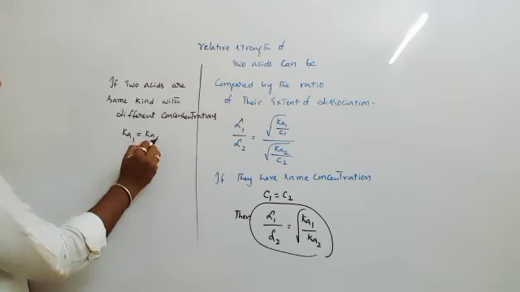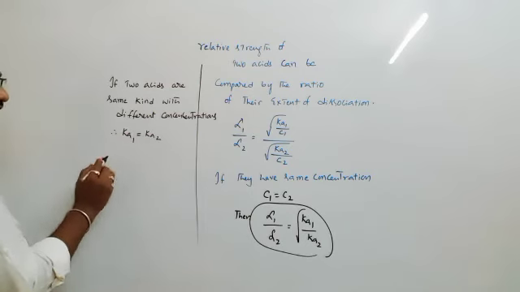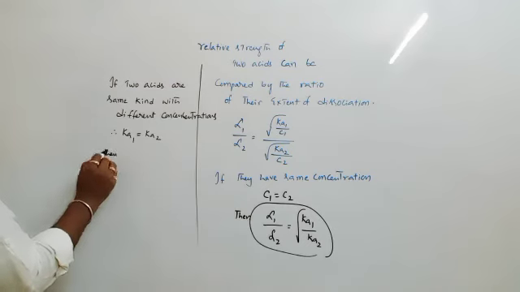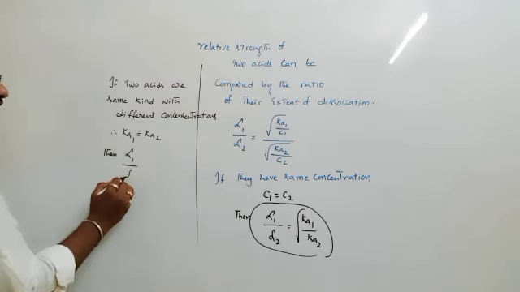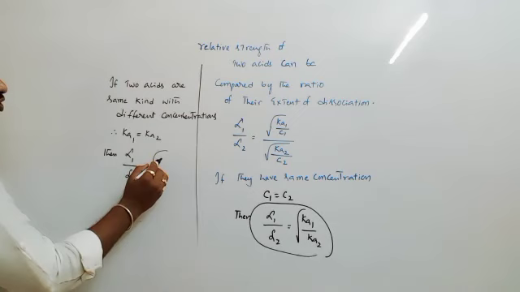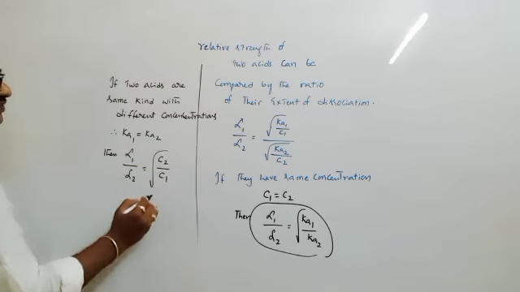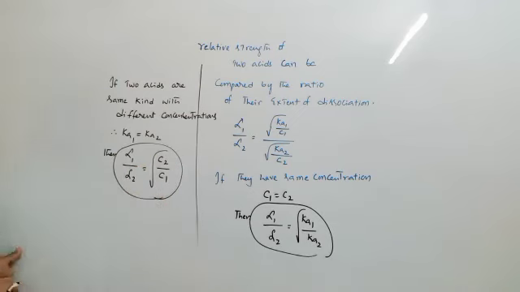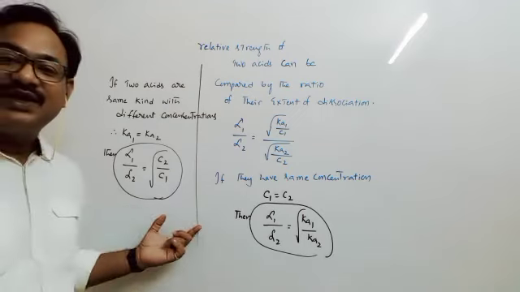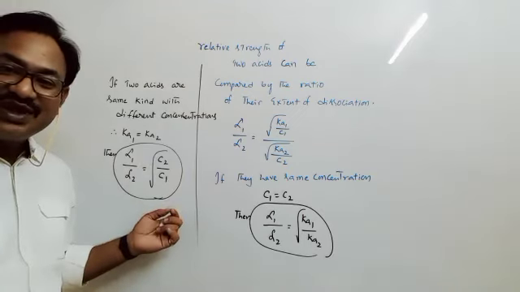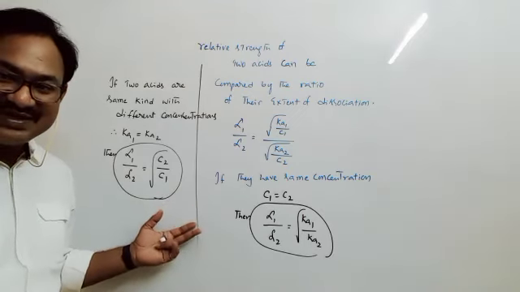Ka1 is equal to Ka2. Then alpha 1 by alpha 2 is equal to root over C2 by C1. Okay. So like that you can compare the relative strength of two acids and two bases.